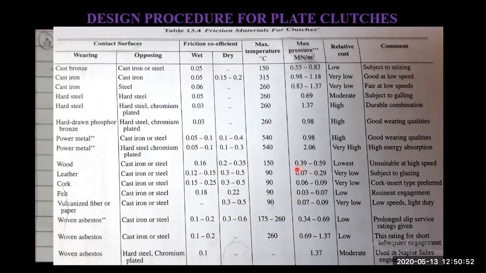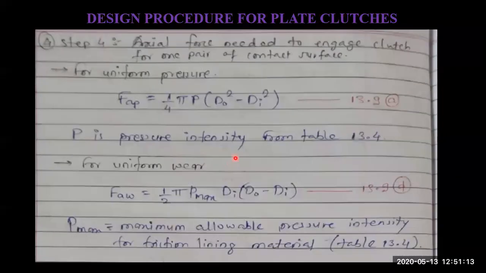If you have in-between limits, you just find the mean of this and then substitute. Depending on what material, what coefficient conditions, and then temperature condition, depending on all these things, you need to take the maximum pressure and substitute here.